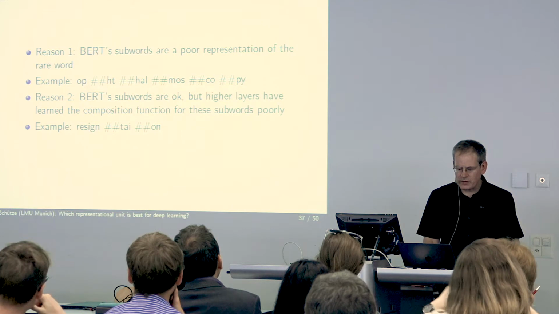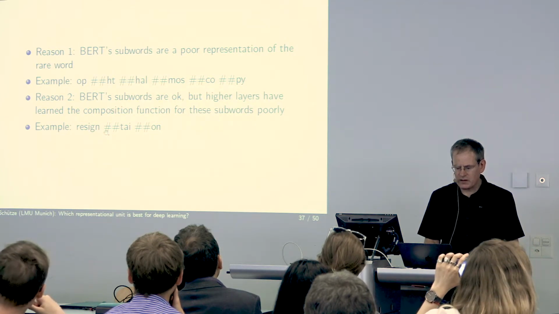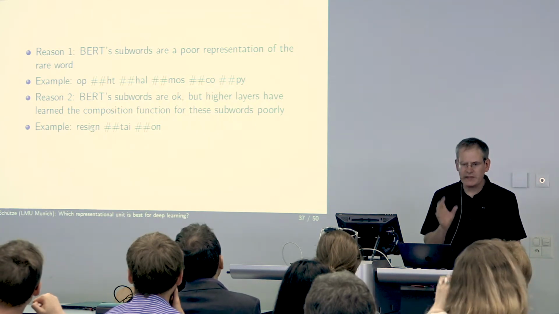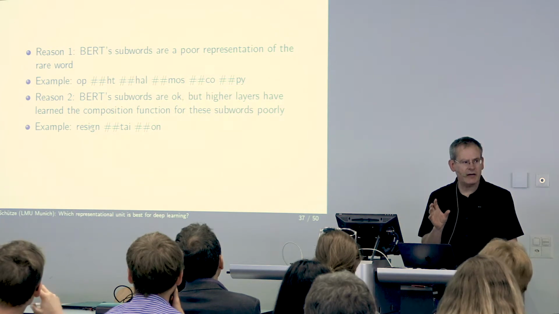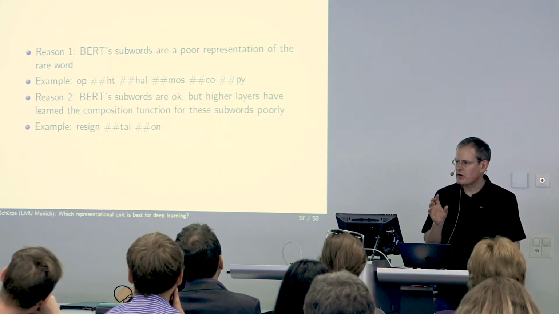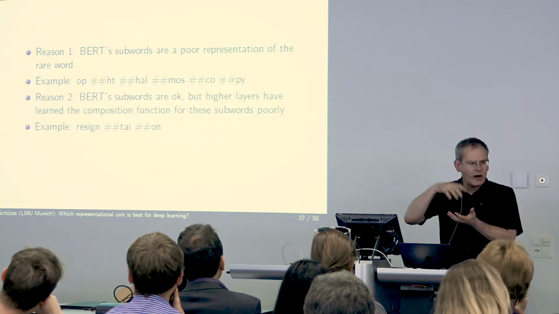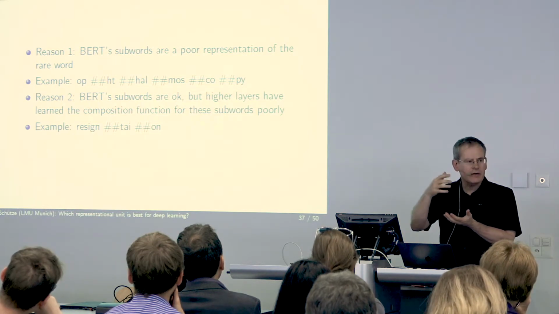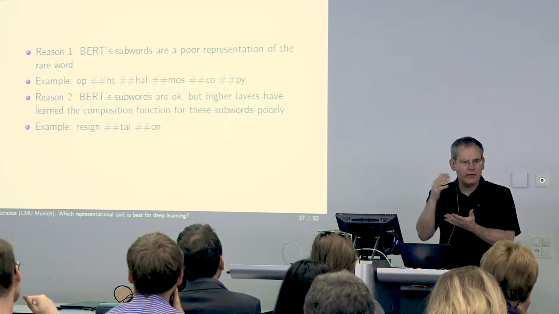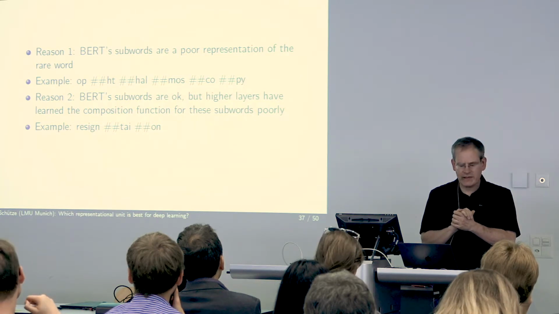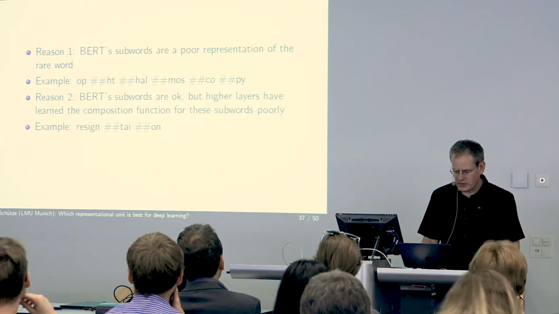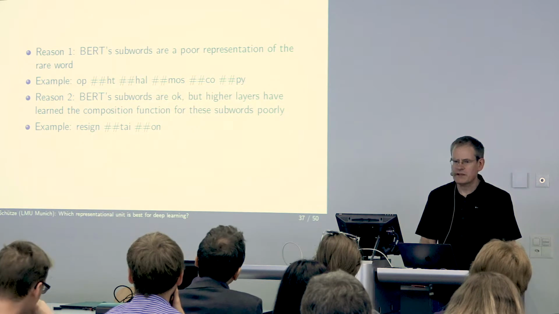And you can see that the segmentation is actually good because resign is the meaning carrying unit, so that's okay. But BERT was not able to combine these 3 units to the meaning of resignation, or to a meaning that had something to do with resignation, so it failed there for lack of a composition function.